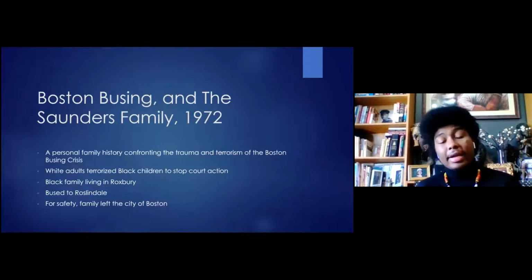This is something that actually directly pertains to my history, because my father was in elementary school during this very time period. He grew up in Roxbury, where he was originally being bused to a school in Roslindale.